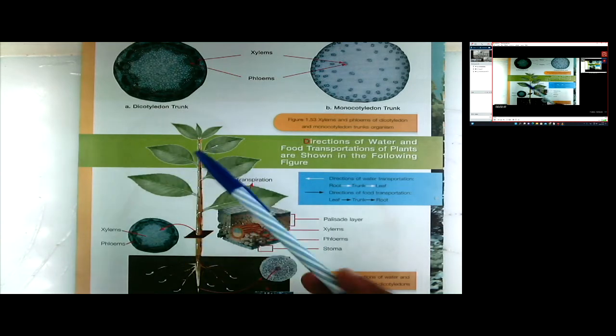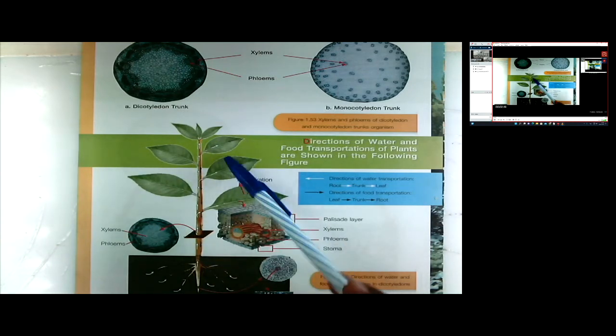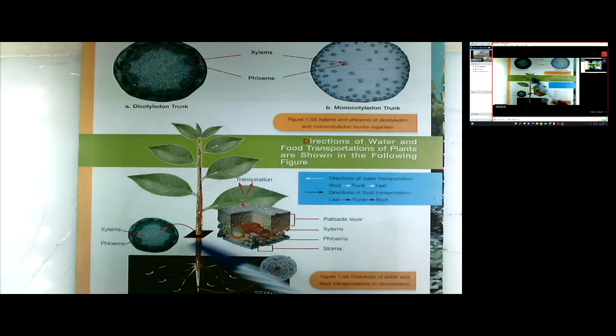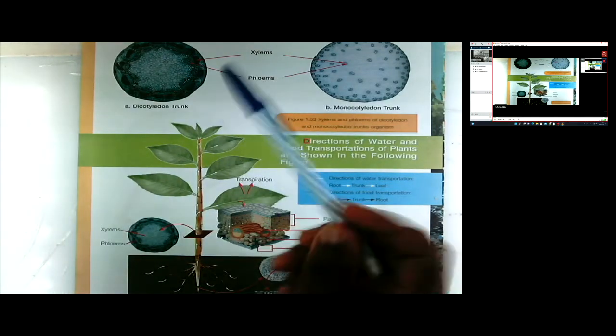Then we also have food that is made in the leaves that needs to be moved to different cells, the growing cells, and the storage part of our plant. So this is the basics that we are going to be talking about.